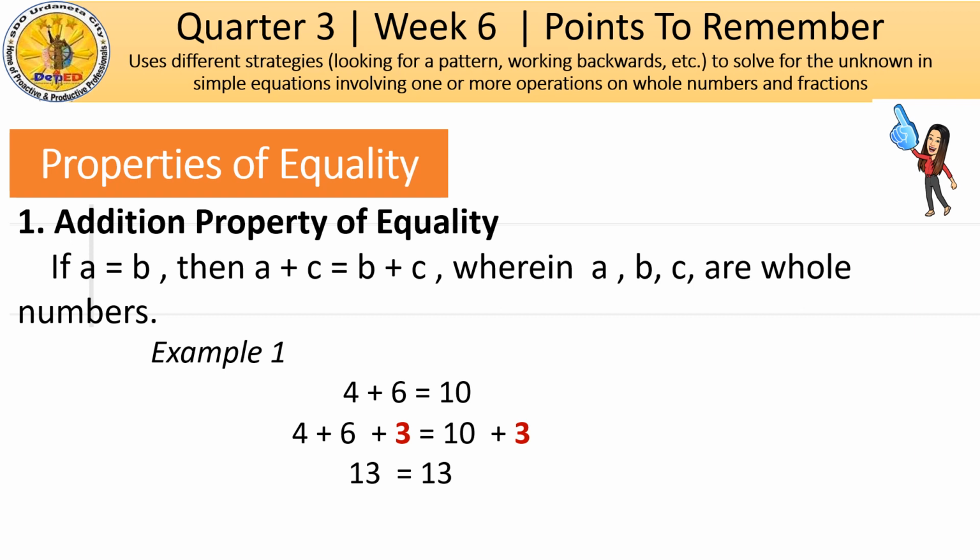We can add the same value to each side. 4 plus 6 plus 3 is equal to 10 plus 3. Since each expression is equal to 13, adding 3 to each side of the original equation still results in a true equation. So, in the addition property of equality, if two expressions are equal to each other, and you add the same value to both sides, the equation remains equal.